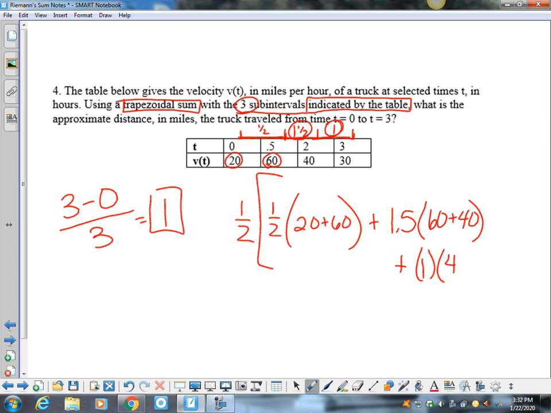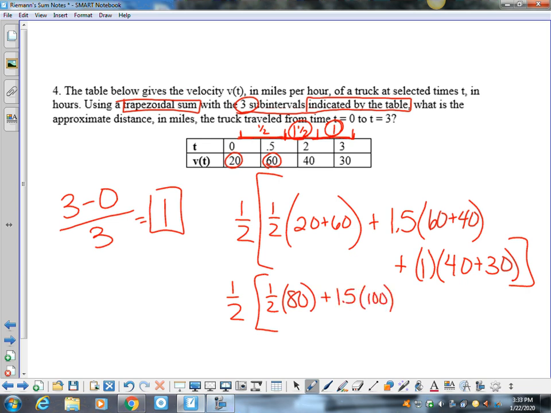And first base is going to be 40. Second base is going to be 30. So let's see, this is 1/2, and then 1/2 times 80, plus 1.5 times 100, plus 1 times 70. And I would say this is, you know, probably a fair shot for a non-calculator question.